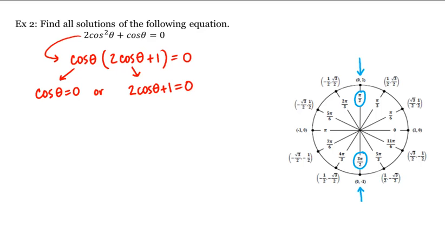And so for this first equation here, the solution would be theta is equal to pi over 2, 3 pi over 2, or any of their coterminal angles.